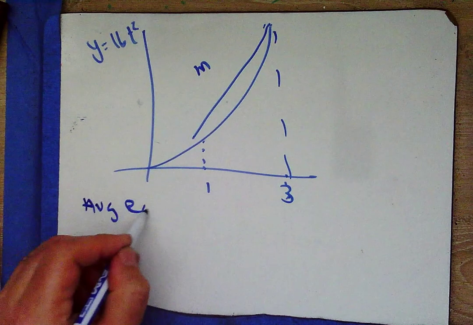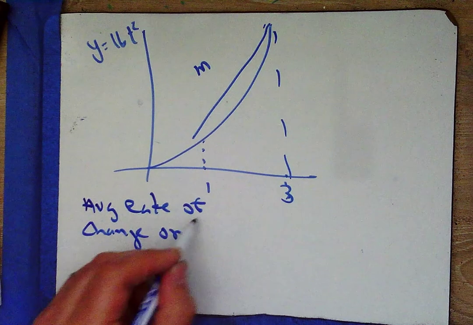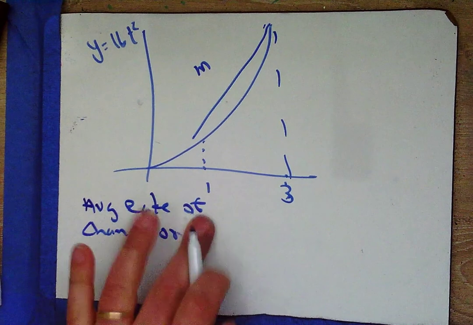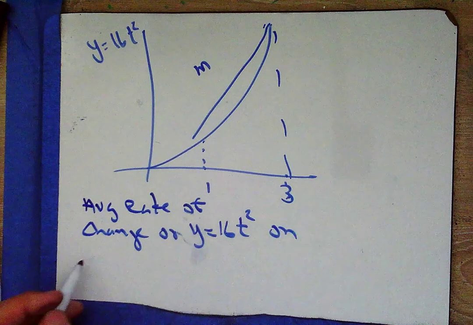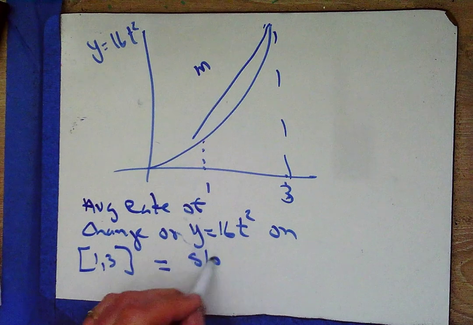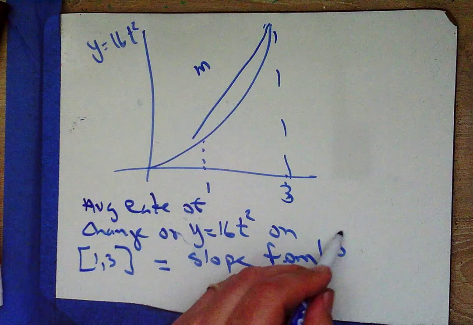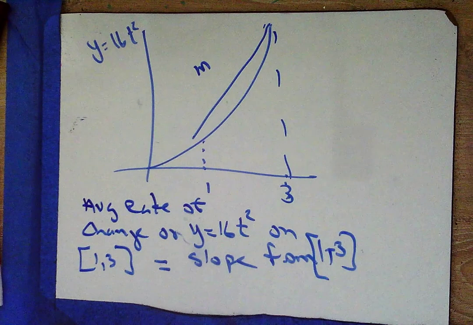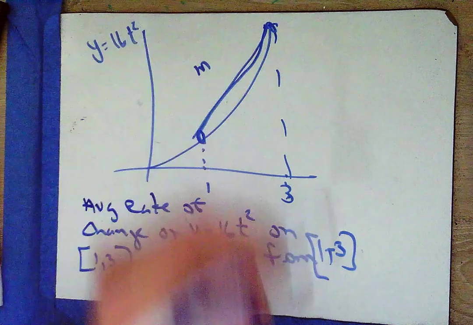Average rate of change on y equals 16t squared on 1 to 3 is the slope from 1 to 3. And that's the slope of that secant line. See how the secant line touches twice?